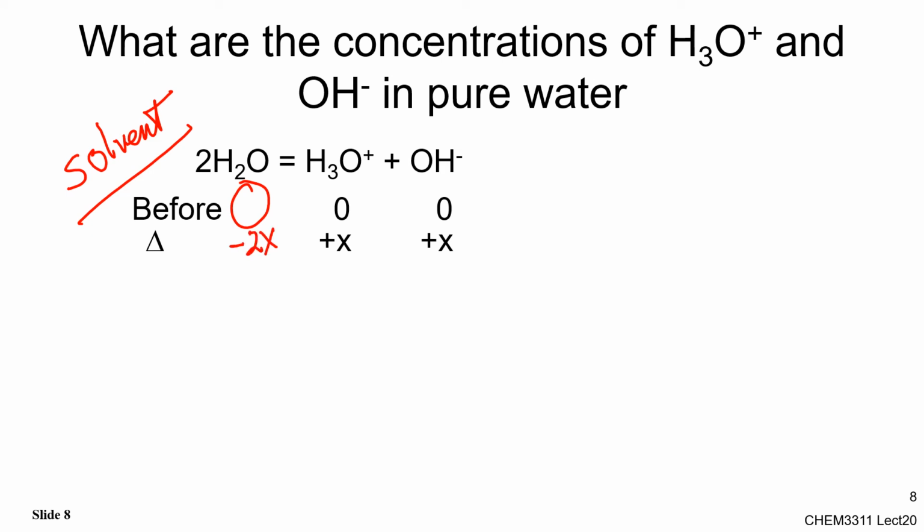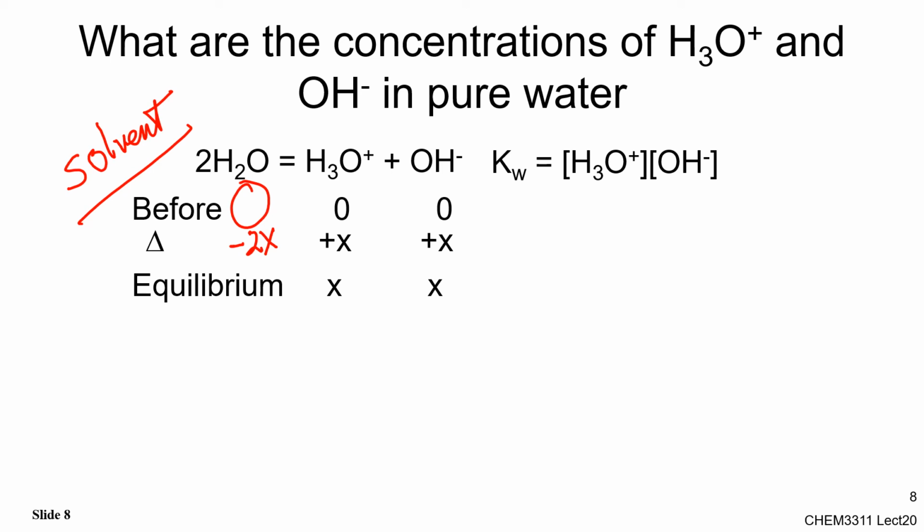Notice that we would have to lose 2 times as much water as hydronium and hydroxide that we make. At equilibrium, we're only going to have the hydronium and hydroxide in solution to worry about. We write our equilibrium expression. We plug in the values for hydronium and hydroxide from our reaction table.